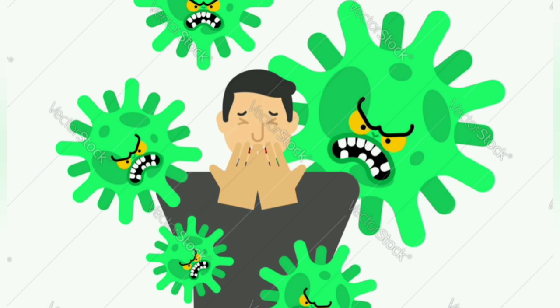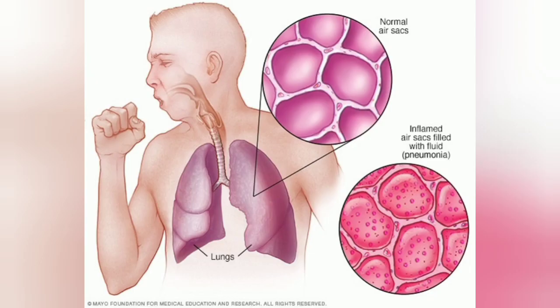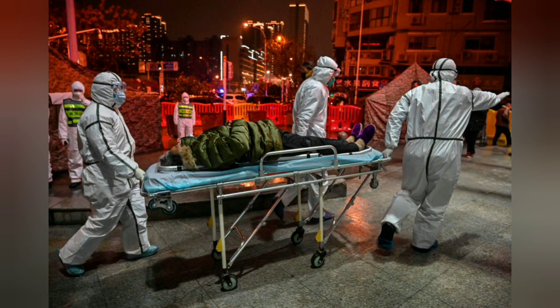Sometimes the immune system cannot destroy the virus, and the virus can cause permanent damage or death. The Spanish flu is thought to have caused up to 15 million deaths worldwide, and now COVID is creating the same situation worldwide.